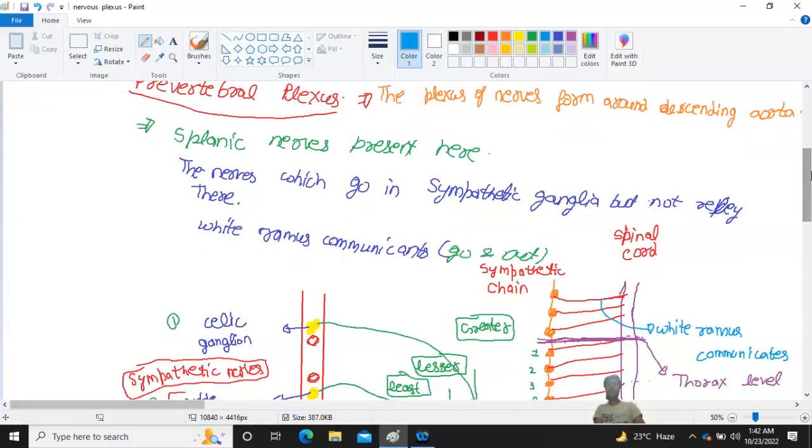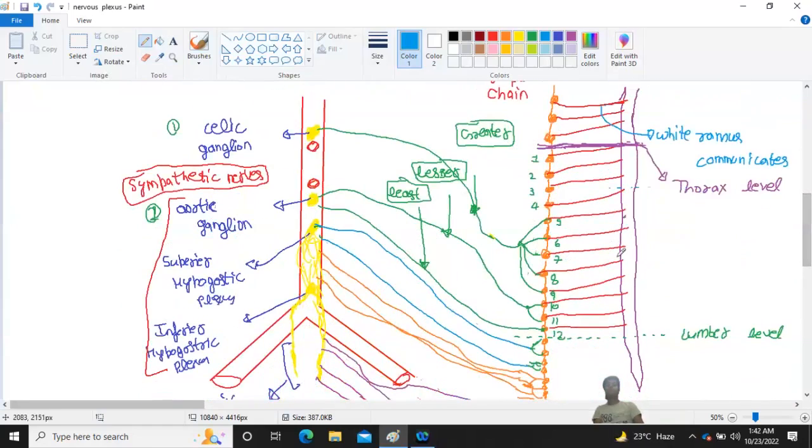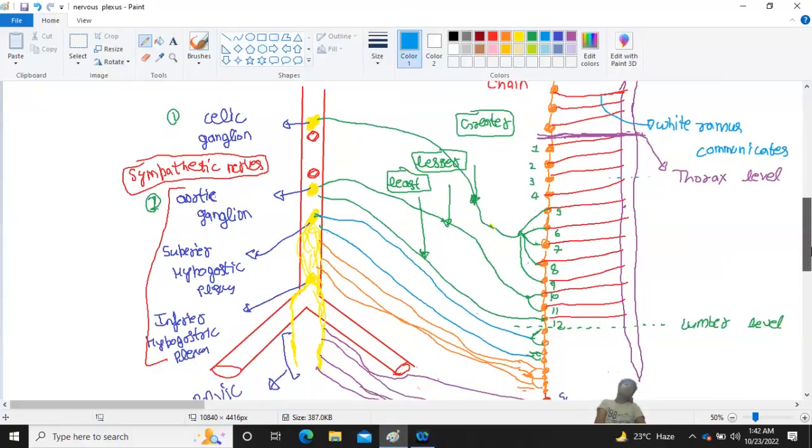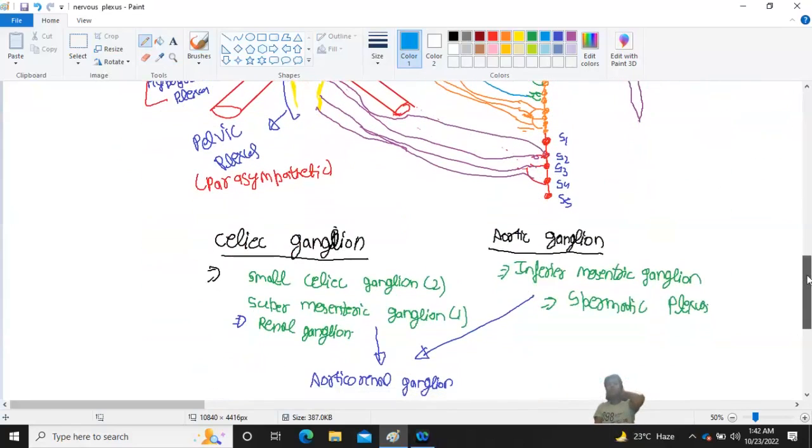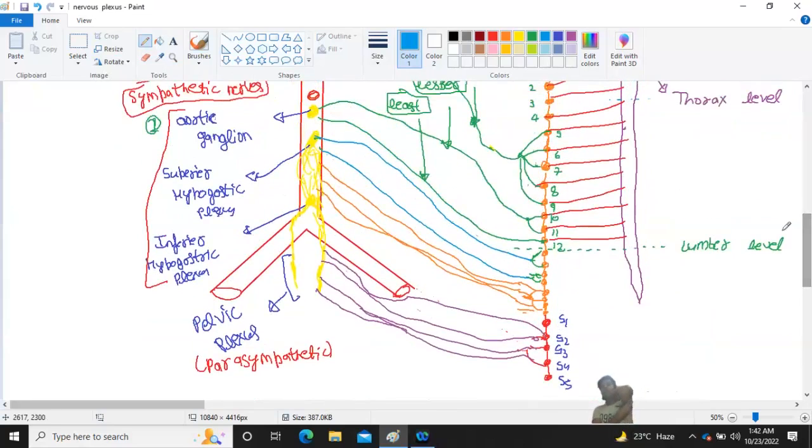This is the prevertebral plexus. Splanchnic nerves: thoracic, lumbar, sacral, and pelvic. Pelvic are important because they are parasympathetic and all others are sympathetic. Then there are ganglions: celiac ganglion, aortic ganglion, superior hypogastric plexus, inferior hypogastric plexus. Celiac ganglion also contains different small ganglions. The aorticorenal ganglion is a combination with the superior mesenteric ganglion.